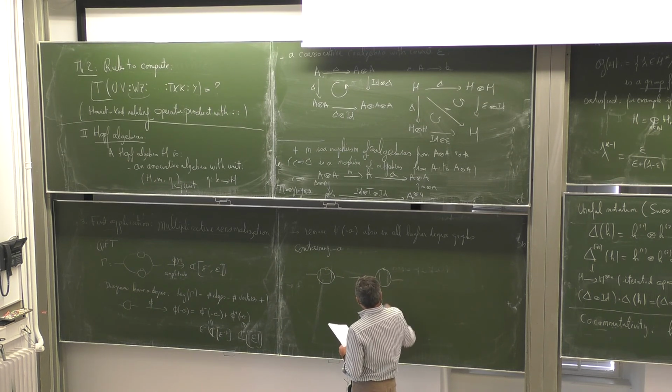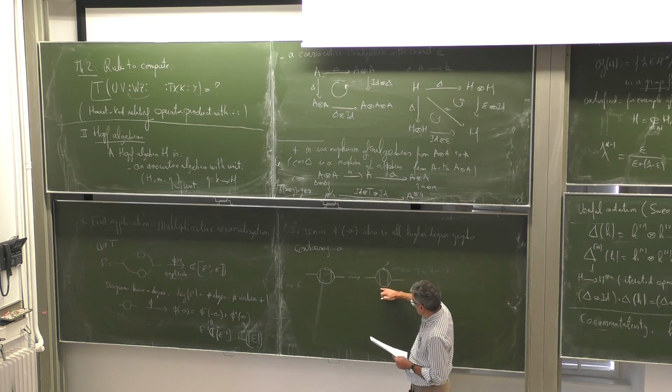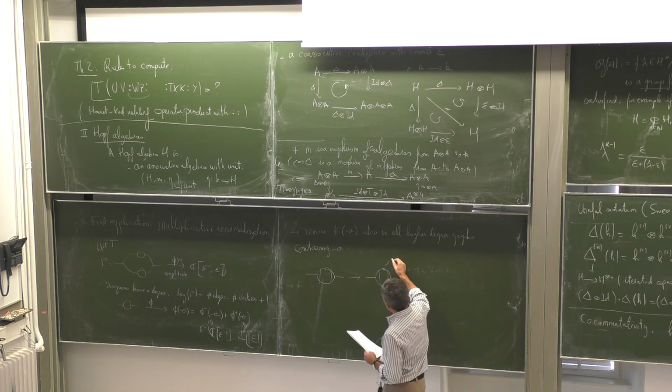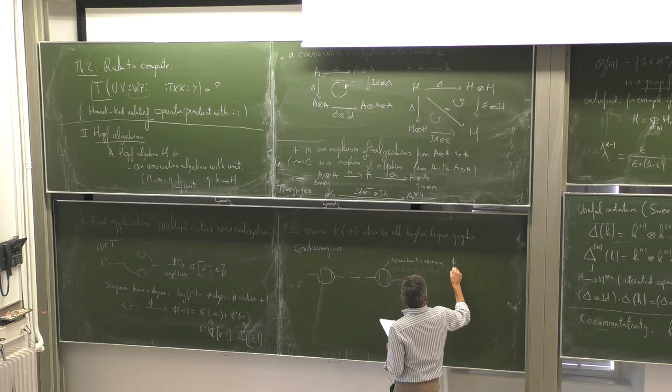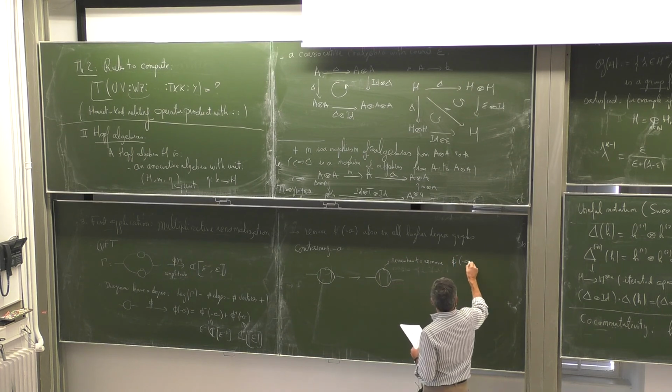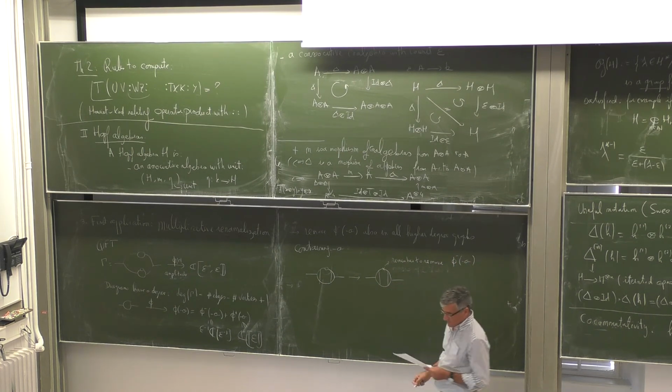And this cross means that you're going to compute the amplitude of this graph in the usual way, but you have to remember to remove phi minus of the subgraph in the computation.